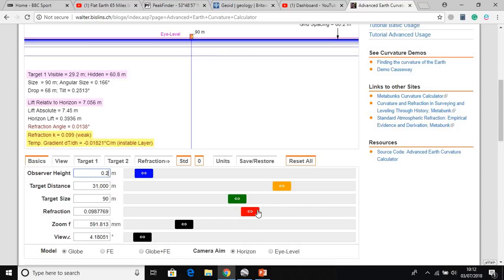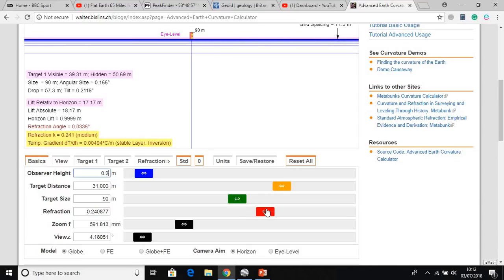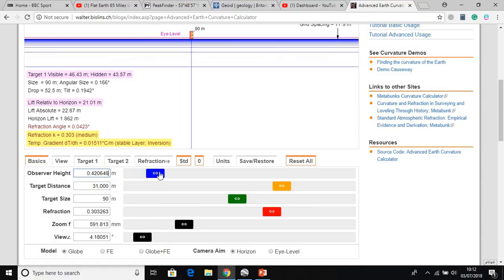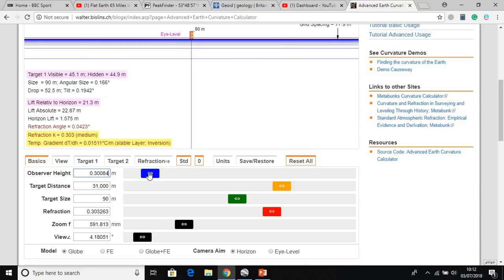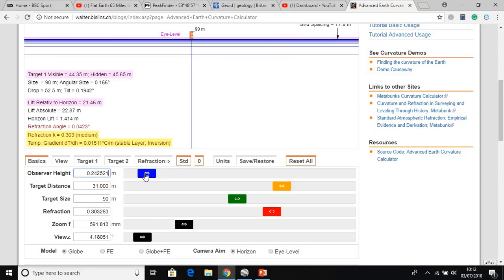But if we add the refraction, we start to see more and more of it. Now, if we put the refraction, say, about 0.3, we're now seeing, I think, roughly half of, or just a bit less than half of the tower. Yeah, half is where the yellow is, and we're seeing just a little bit less than half.